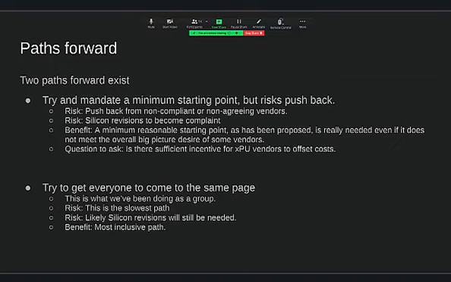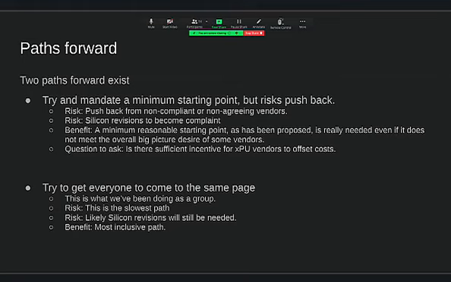So there is a benefit to this, which is we have a reasonable minimal starting point. This is kind of what Dan has proposed, and this is really needed, even if it doesn't meet the overall big picture desire of some of the vendors.